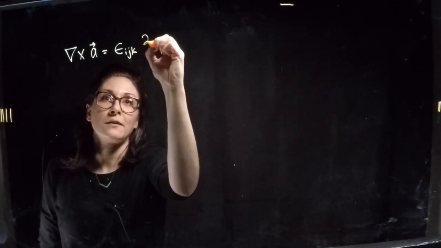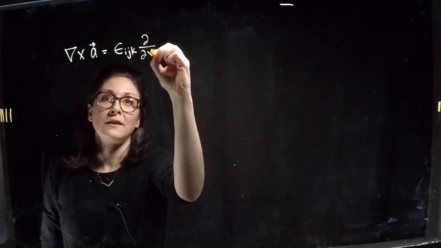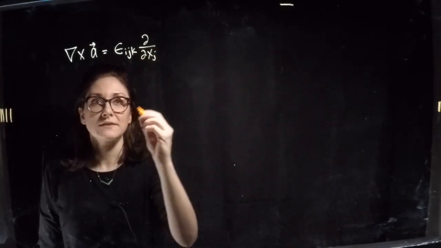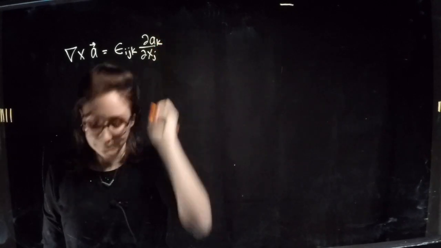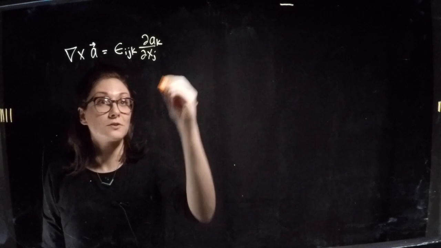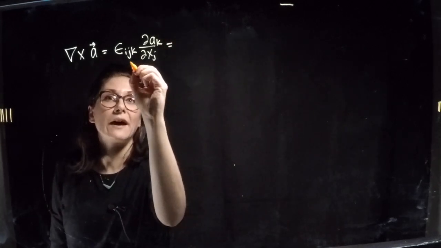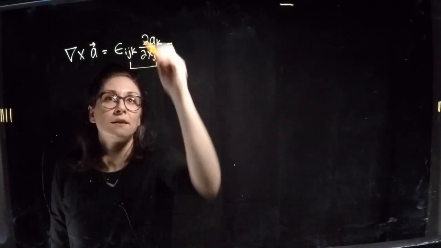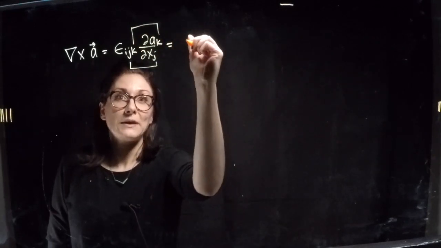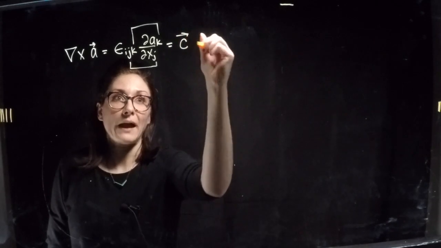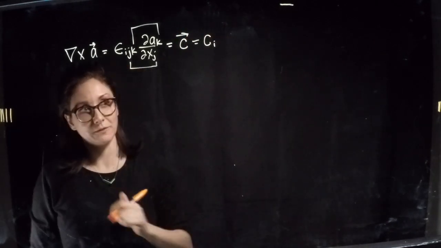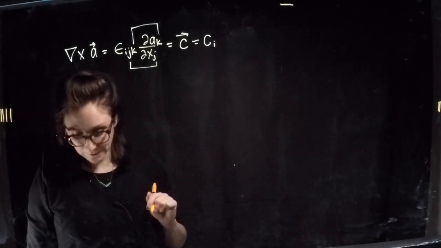So I've got partial xj, and then a, we're going to give it the free index k. And that is it. And so you'll see here that we have j as a dummy index and k as a dummy index, which means that we get a vector c back where the free index is i, the one left over.